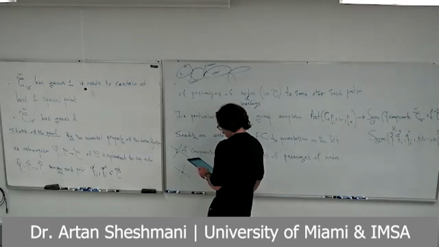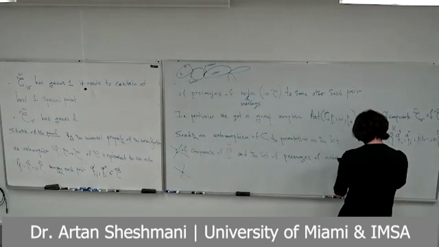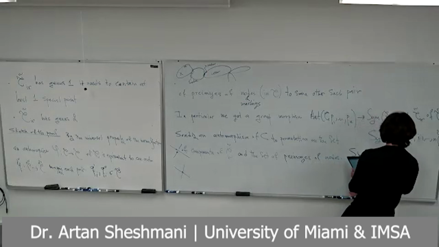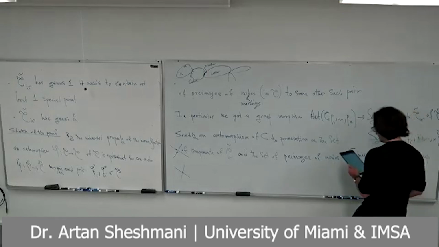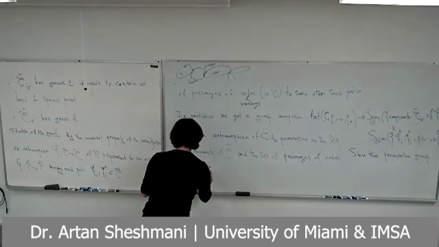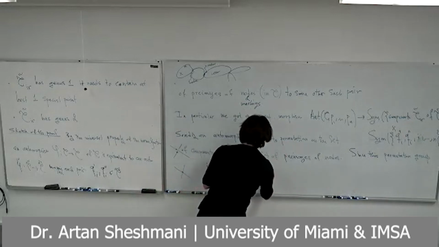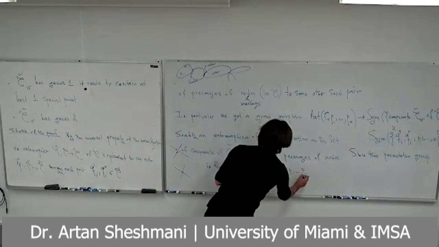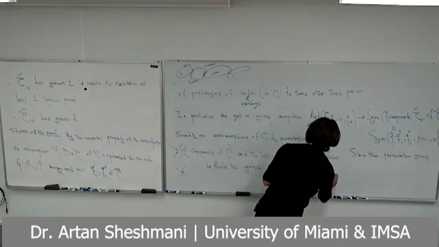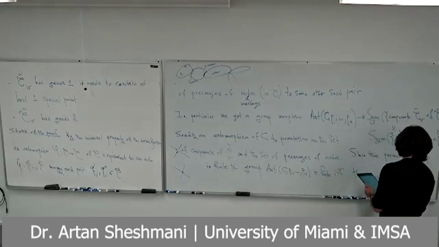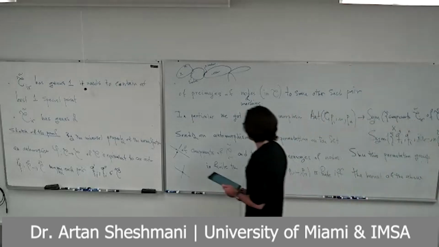All right. Okay, when descending the permutation, since this permutation group is finite, the group Aut of C, P1 to Pn is finite if and only if the kernel of the above group homomorphism is finite.